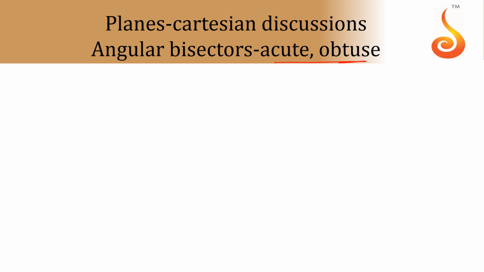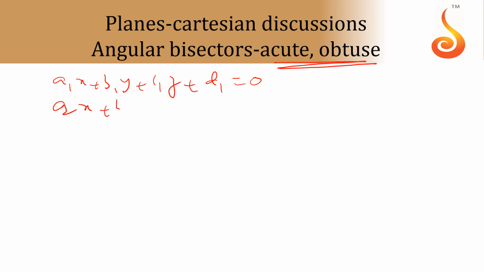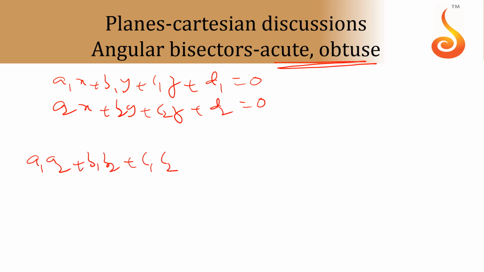Now, how to get acute and obtuse angle bisectors? You are given a1x plus b1y plus c1z plus d1 equal to 0, and a2x plus b2y plus c2z plus d2 equal to 0. Now you calculate a1 a2 plus b1 b2 plus c1 c2. If it is 0, there is no question of acute and obtuse because the planes will be perpendicular to each other.